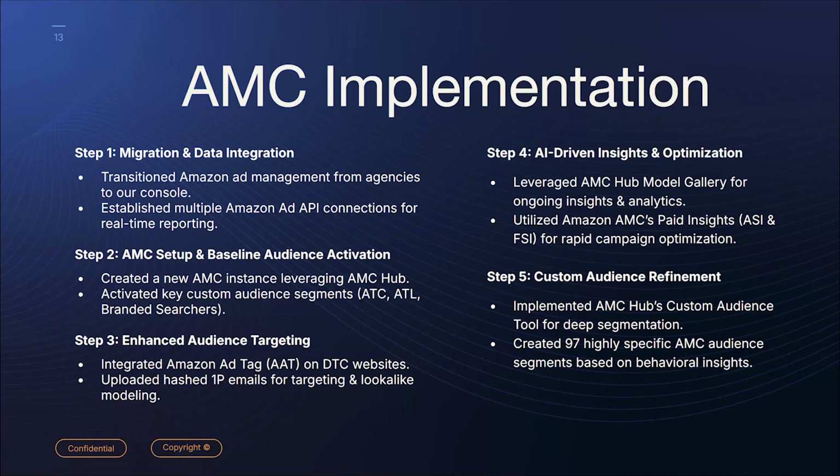And then step two was the AMC setup and then baseline audience activation. This is something that we always do with every single one of our clients. Whether you are coming in as a SaaS offering or you need some additional help, we'll recommend baseline audience activations for you. So these key audience segments were people that have added to cart, added to wish list, and branded searchers.